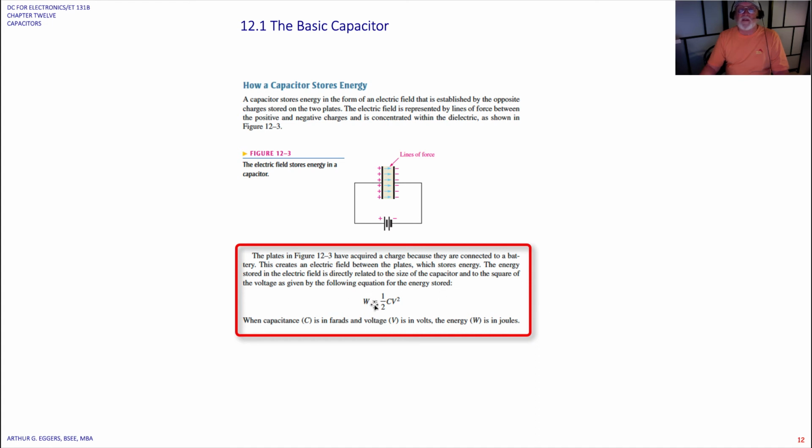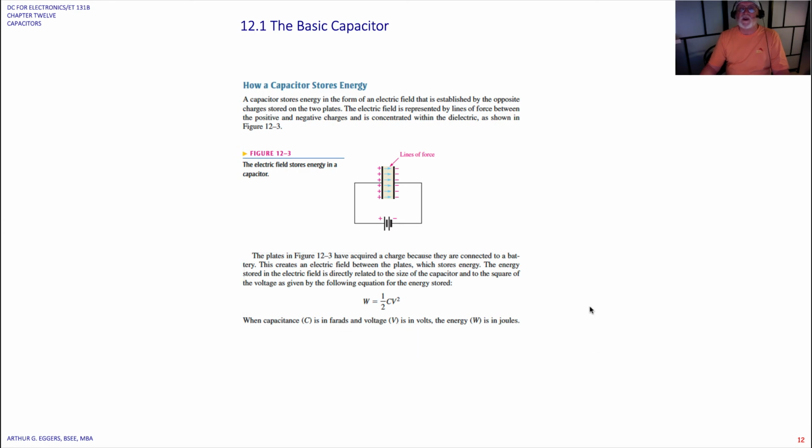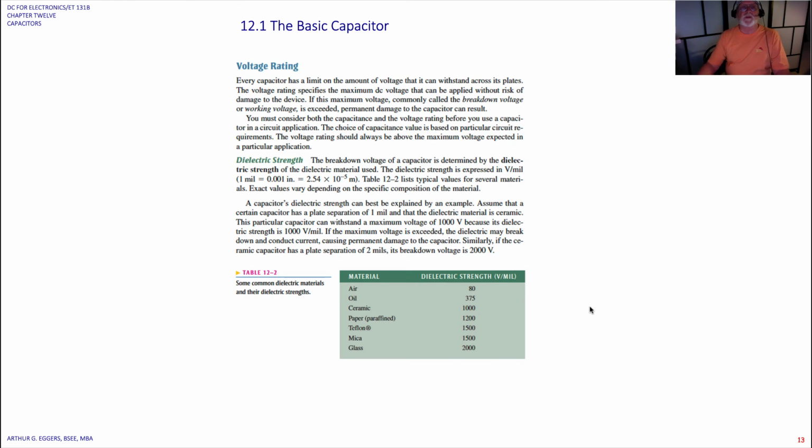So we have a relationship here for the stored energy, W, is equal to 1/2 the capacitance times the voltage squared. For those of you that have taken the first physics course, that relationship ought to be kind of familiar to you. When capacitance is in farads, the voltage is in volts and the energy, W, is in joules.